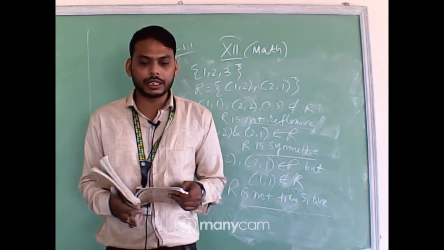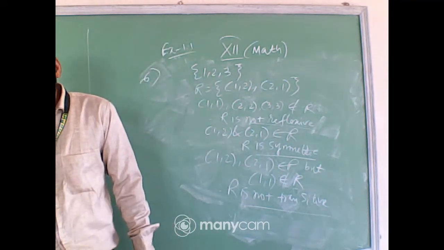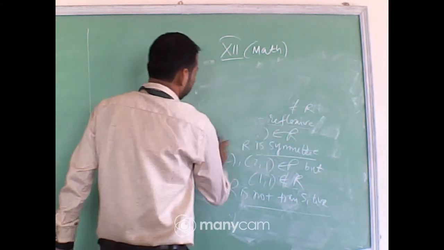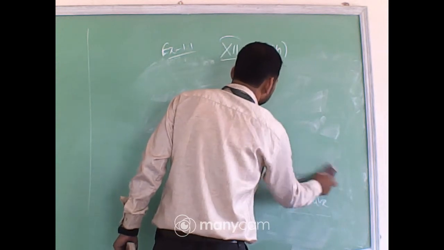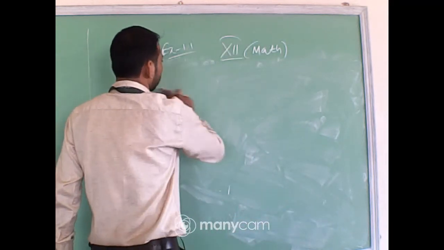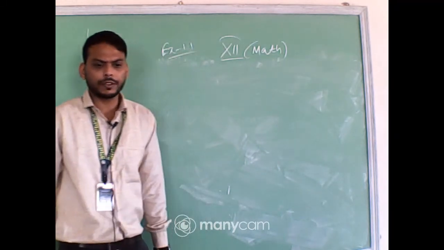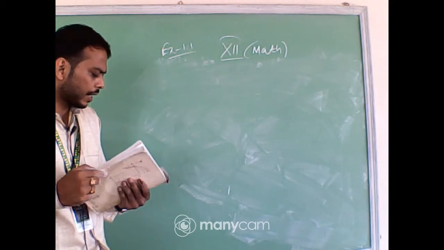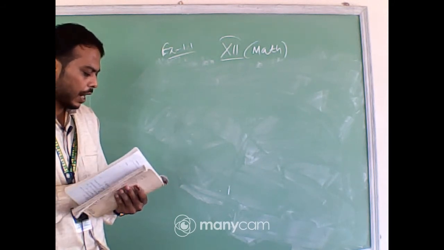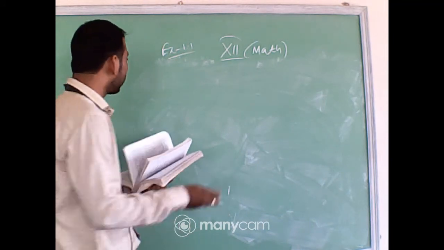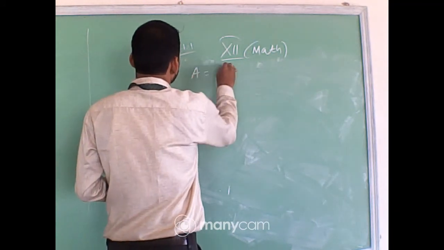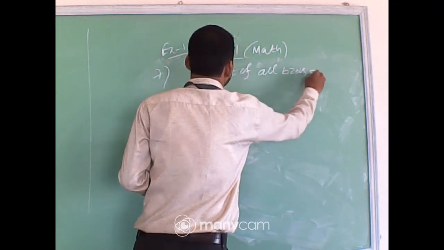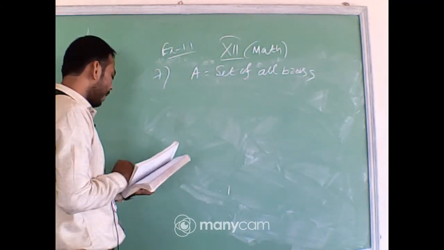So move on to question number 7. The relation R in the set A of all books in a library of a college. So A is the set of all books in a library of a college.